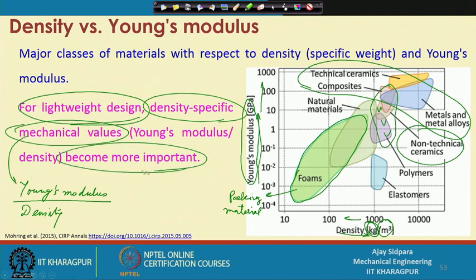It becomes more important because we do not want a very heavy machine, and sometimes if you go in this particular direction you have to go with higher density also, but we do not want to do that. So, this is one of the criteria by which you can select different types of material which will fulfill both things, that it has a high Young's modulus as well as a reasonable amount of density, so that you can get the required things done.